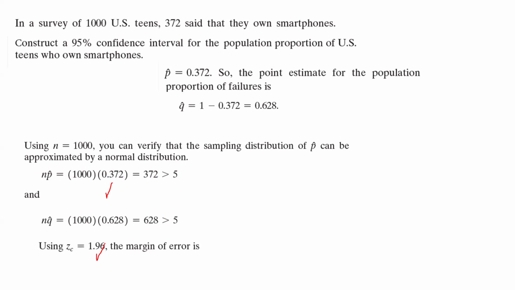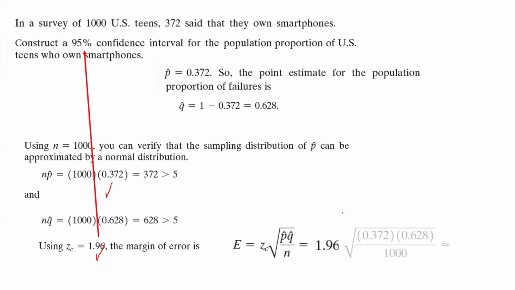Using ZC, which is 1.96, the margin of error is equal to ZC times the square root of p hat q hat divided by n. So the margin of error is equal to 1.96 times the square root of p hat, which is 0.372, q hat 0.628, divided by 1,000.